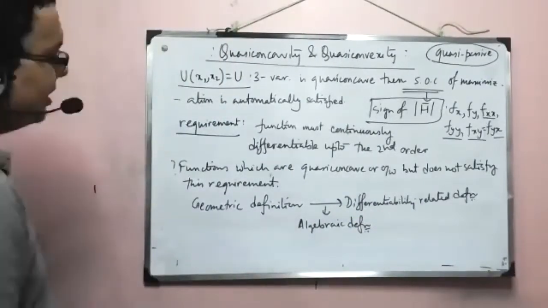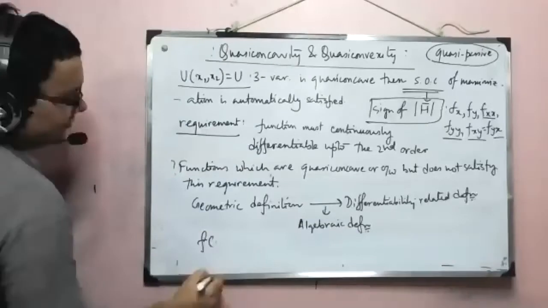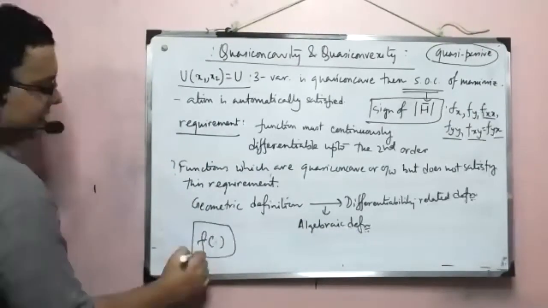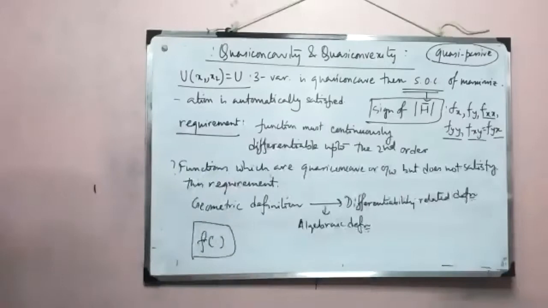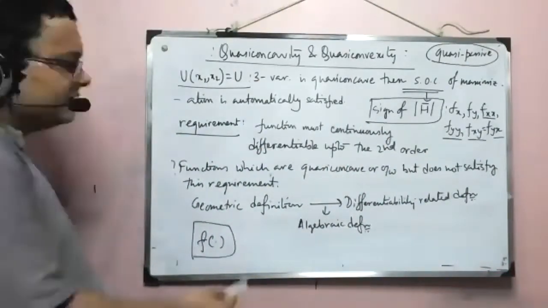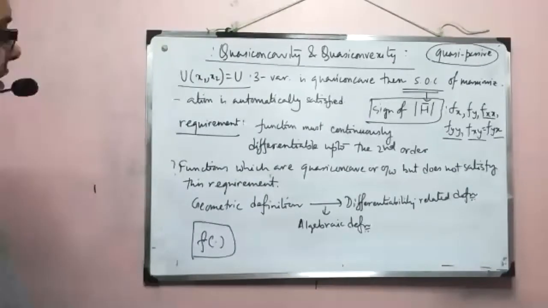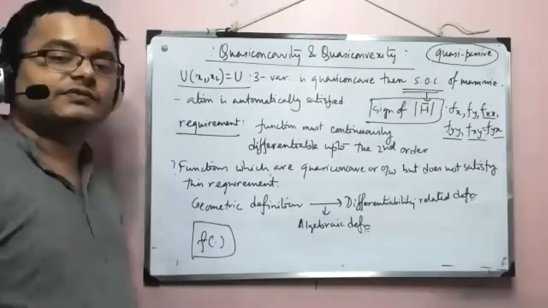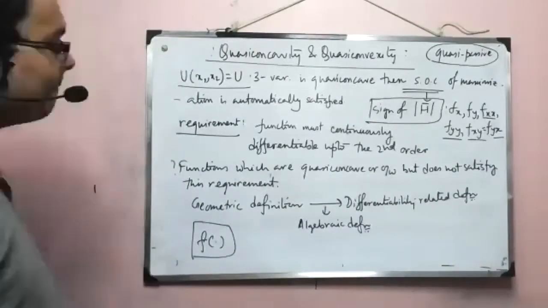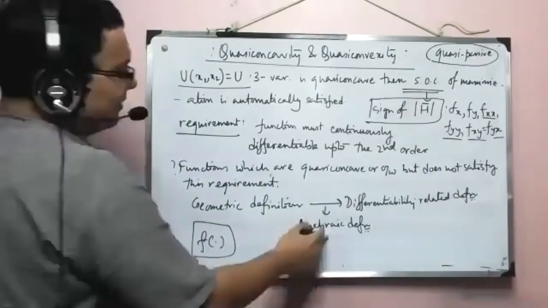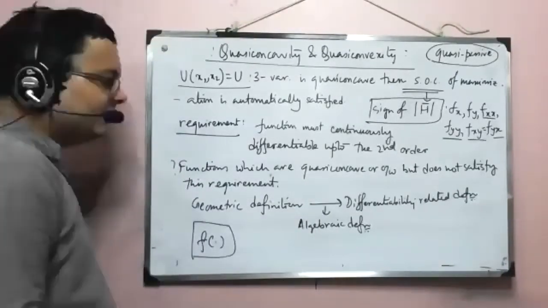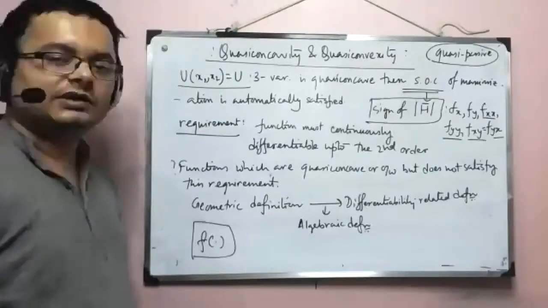Given a function, if I am asked whether this is quasi-concave or quasi-convex, the geometric definition is always applicable, but at times drawing the diagram becomes difficult if the domain is really huge. Checking the algebraic definition is always available, but in some cases it can be a little laborious.